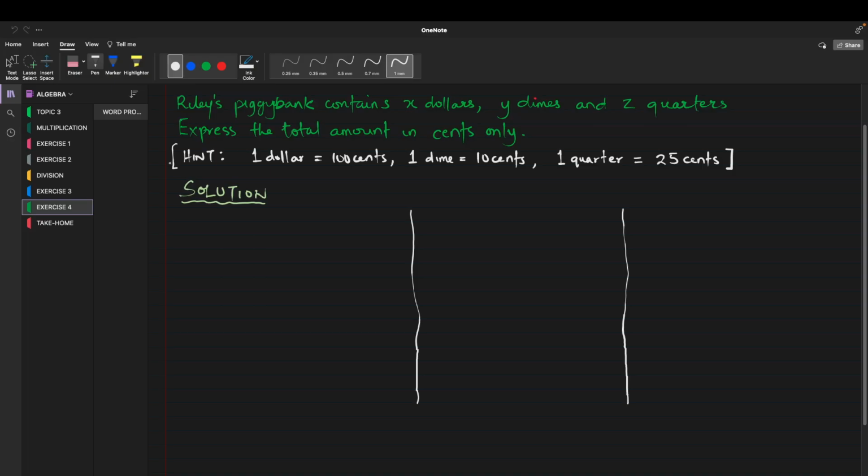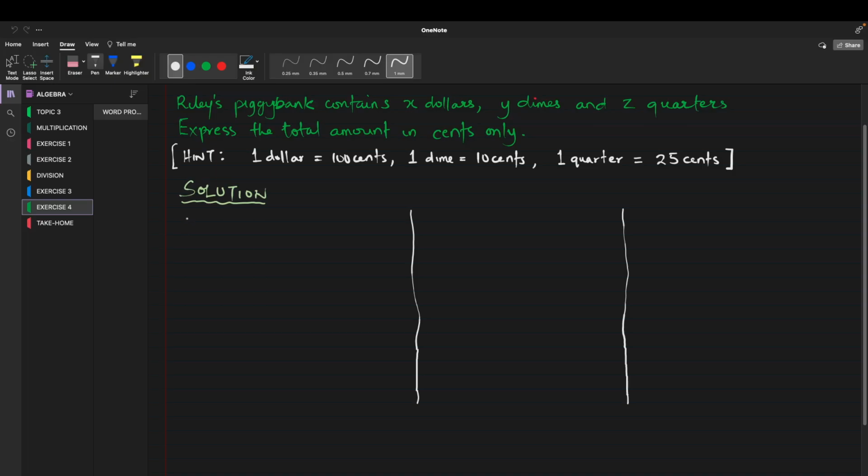So dollars, dimes, and quarters are units of expressing money in North America, in the United States of America and Canada. There are some other kinds of dollars in other parts of the world, but how we'll be expressing this today is the way it is being referred to in North America.